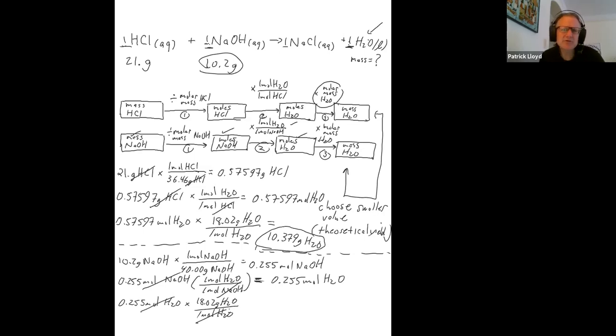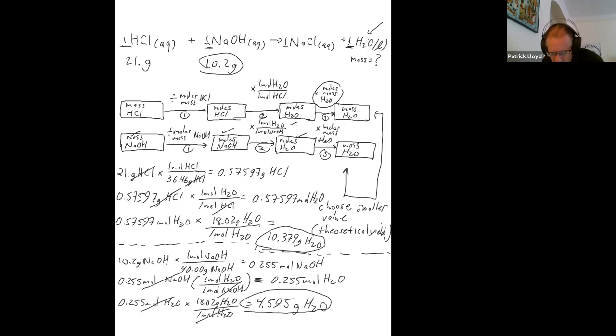Why is it 18.02? Each hydrogen is 1.01, so that's 2.02, and then oxygen is 16.00, so 2.02 plus 16.00 is 18.02. And you get 4.595 grams of water. So now we have 2 answers.